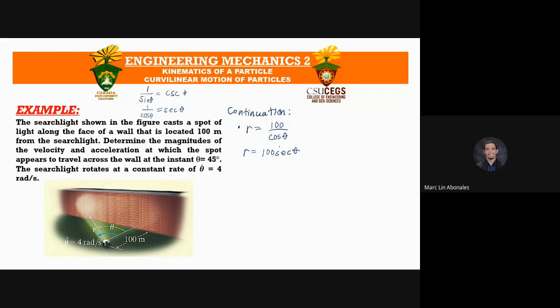So anyway, why I wrote this in this form is so it is easier to differentiate. So we can now differentiate this equation. And take note, I did not substitute directly the 45 degrees.